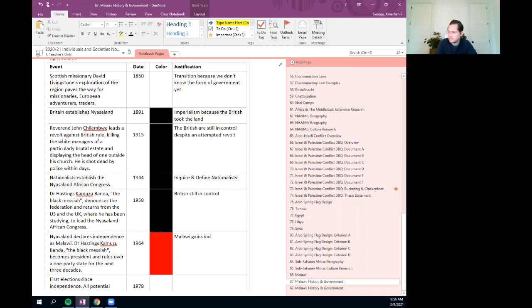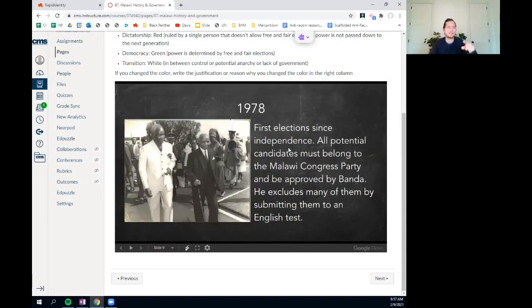Malawi gains independence and Kamuzu Banda takes control.